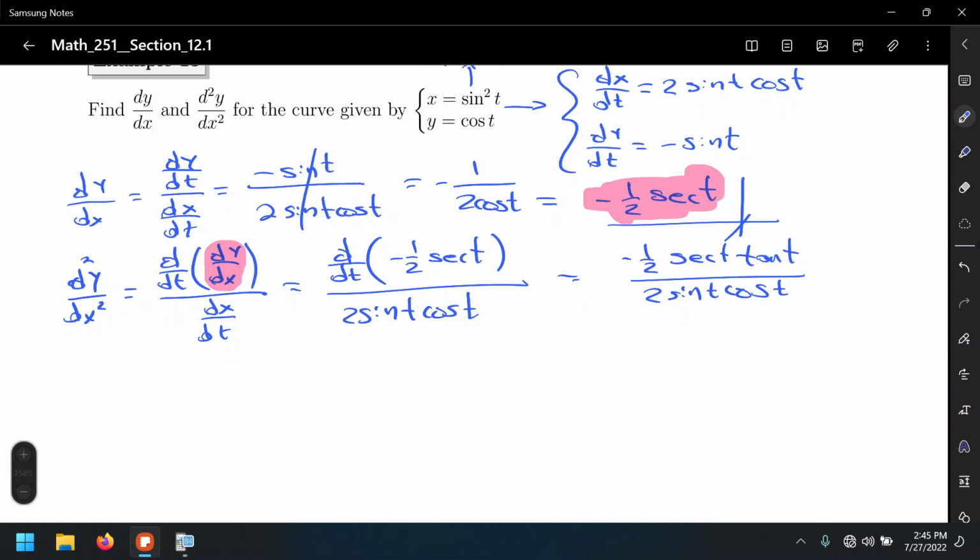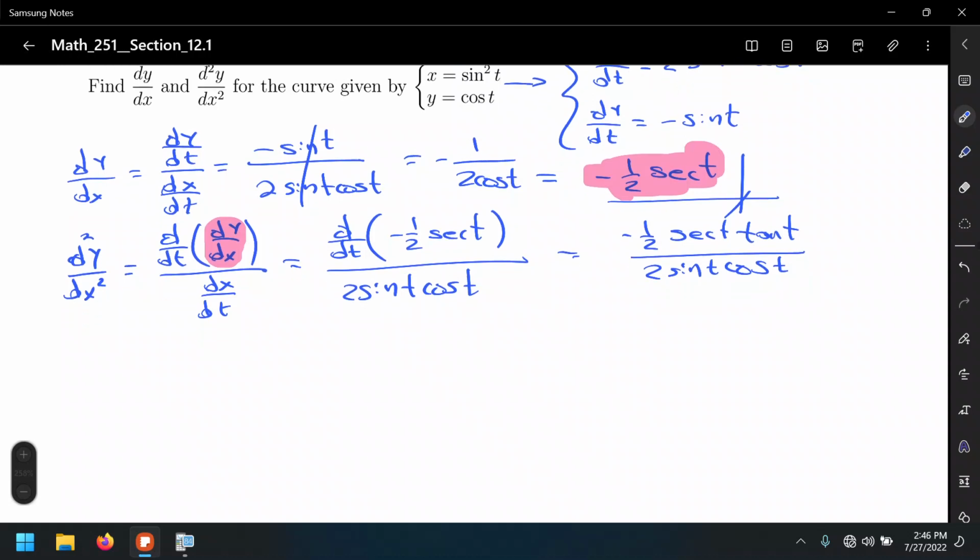In particular, let's use secant as 1 over cosine in the denominator, and let's use tangent as sine in the numerator and cosine in the denominator. All right, and I'm going to write this negative 1/2 with a 2 in the denominator instead of having this complex looking fraction, but I'm going to keep this negative sign. Don't forget that part.